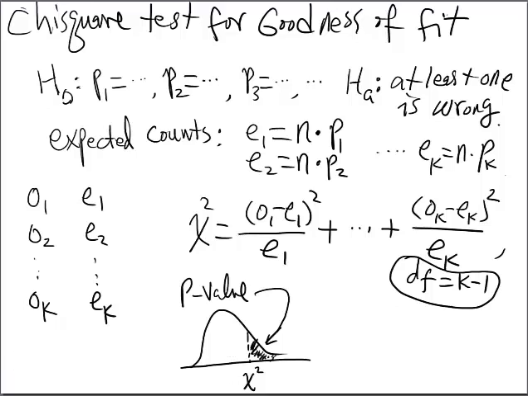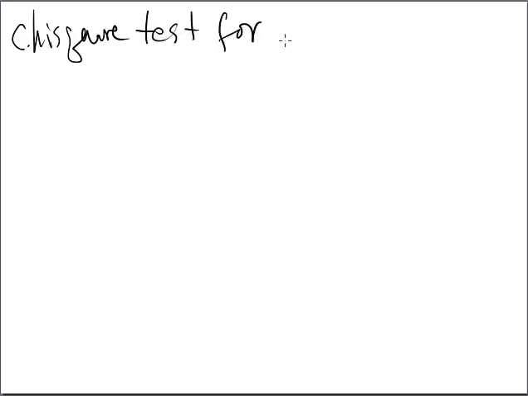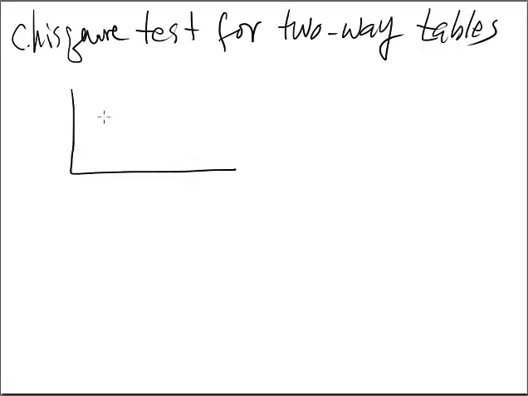Next, we talk about the chi-square test for independence. Okay, chi-square test for a two-way table, contingency tables, okay? So you have this kind of table, right?